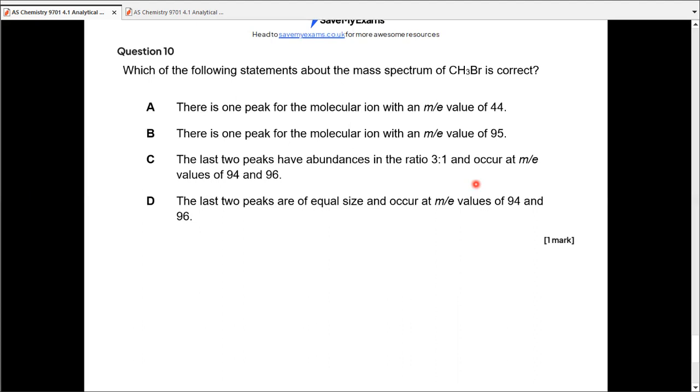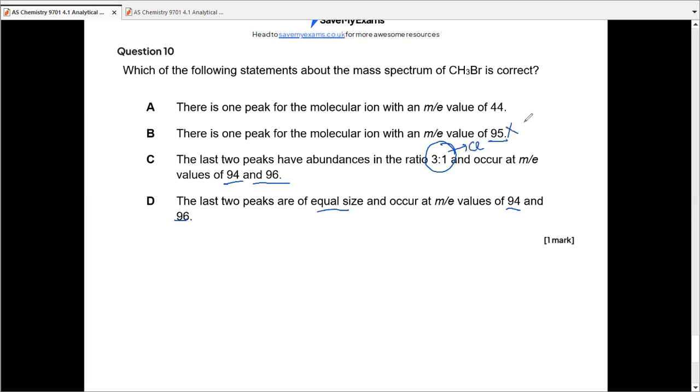D. Good. Well done. Equal size because there are 50-50%, 94 when Br is 79, 96 when Br is 81. 94 and 96 are correct over here, but this ratio belongs to Cl and not to Br.